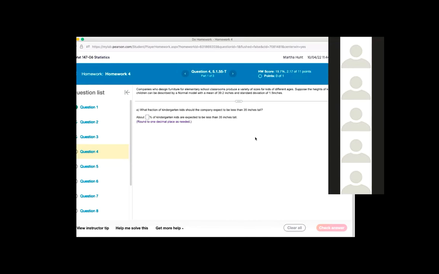What fraction would we expect to be less than 35 inches tall? So I want less than 35 inches. One way we could do it is to compute a z-score.